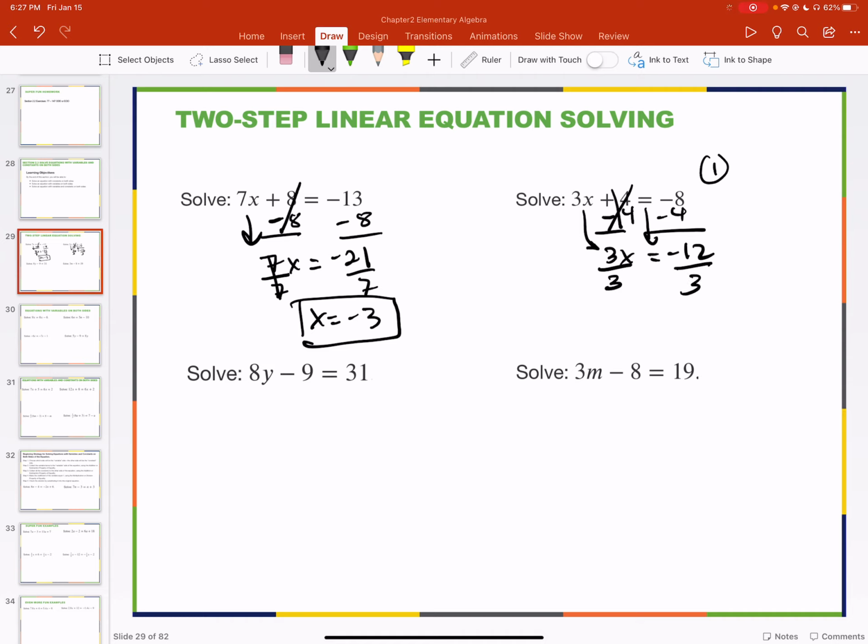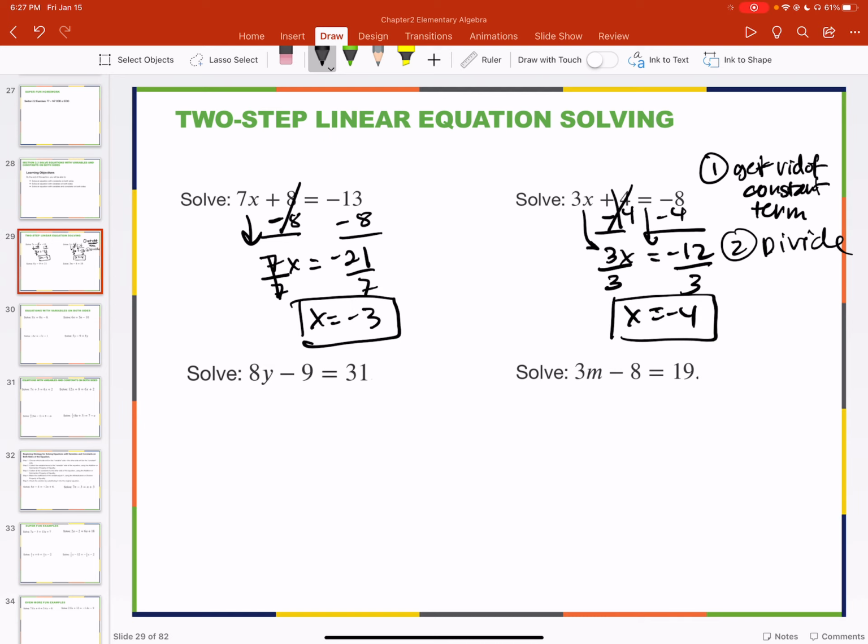The two steps: step 1, get rid of the constant term on the side where the variable is. And step 2, divide. So that's kind of the theme of this type of equation.